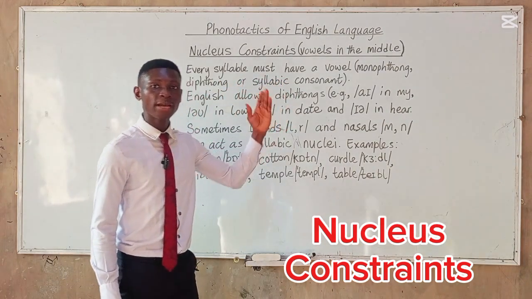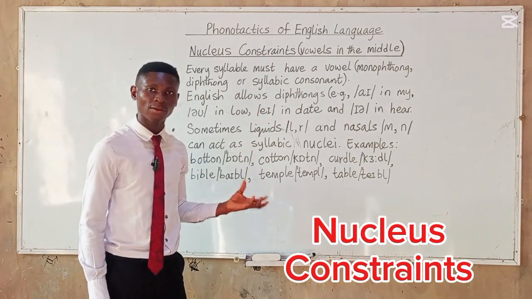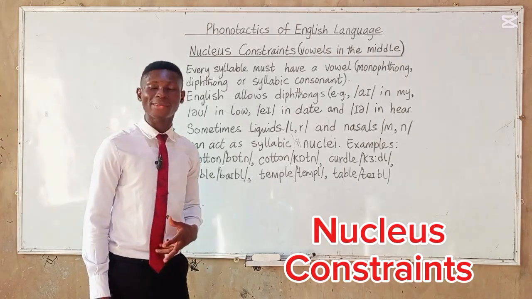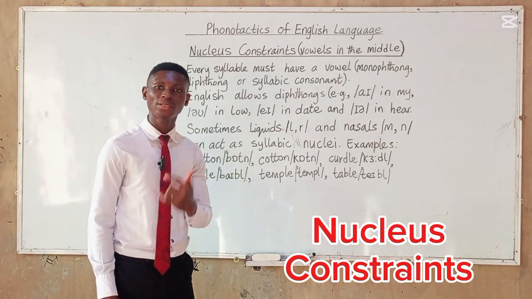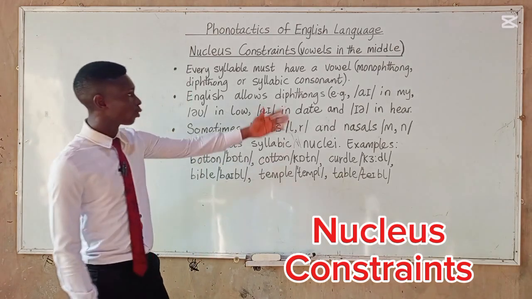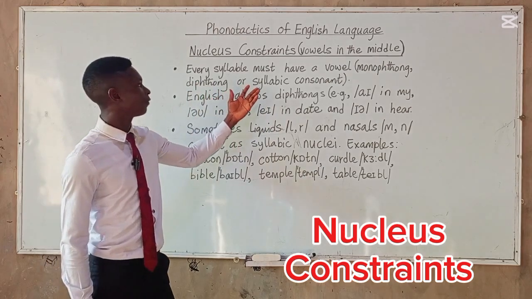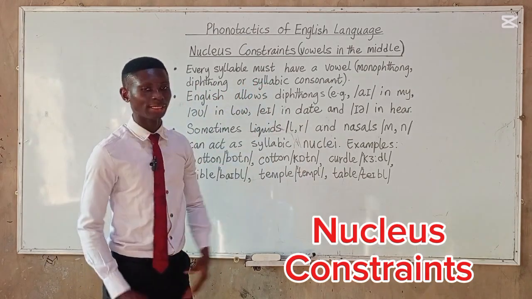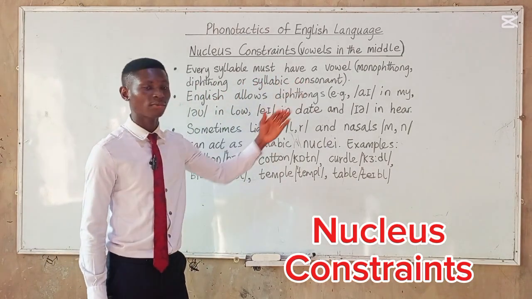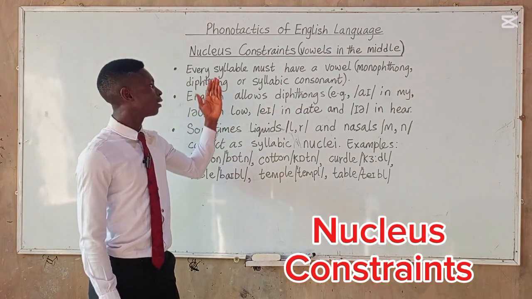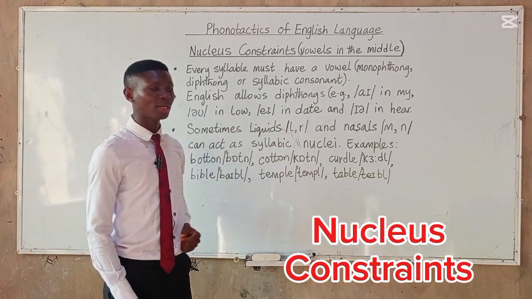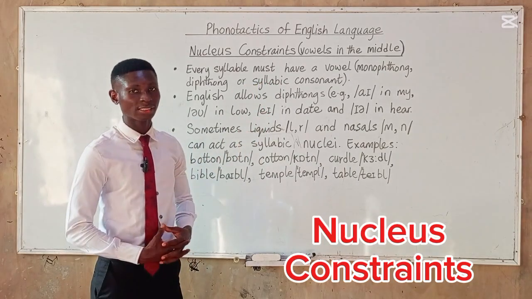We have different types of vowel sounds based on my explanation previously. So we have monophthongs, we have diphthongs, we have syllabic consonants. I talked about the monophthongs and the diphthongs of English language. I didn't talk about the syllabic consonant, but I'm going to lay emphasis on that.